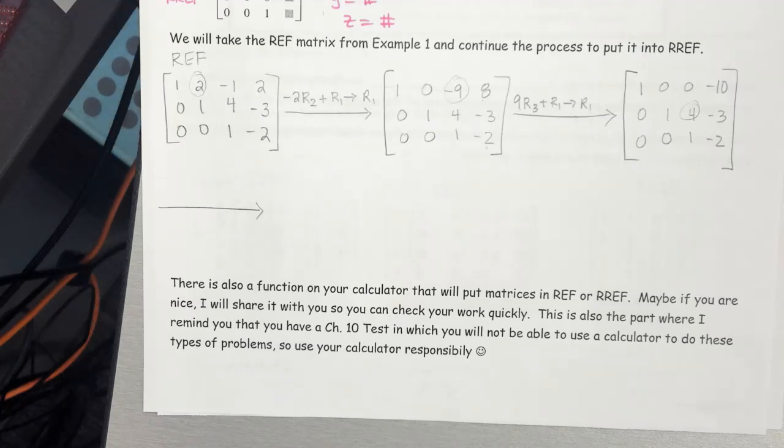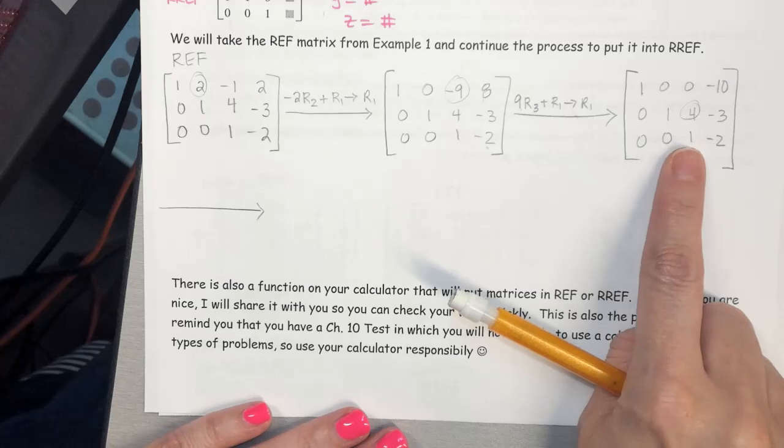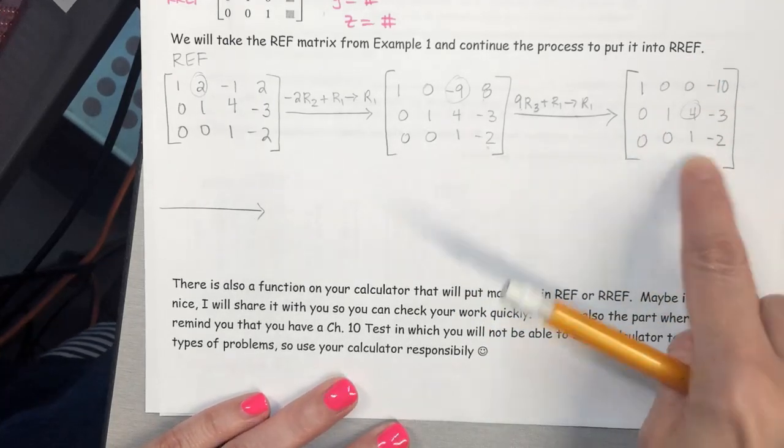You always want to multiply by this row if you're trying to get zeros in this column.